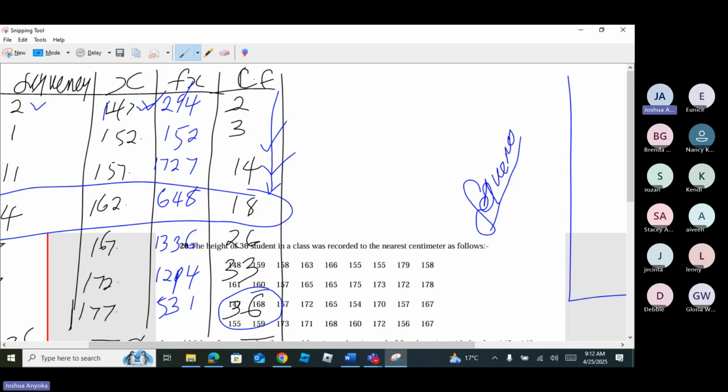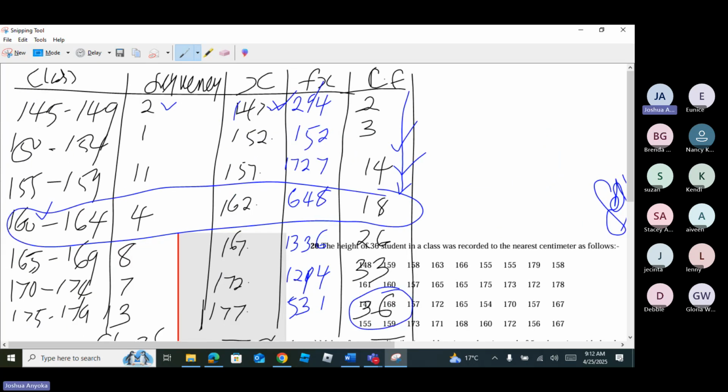Which is the class with the same interval before 145? It will be 140 to 144. There is a class of that kind, but it had a frequency of 0, so it is not noticeable.